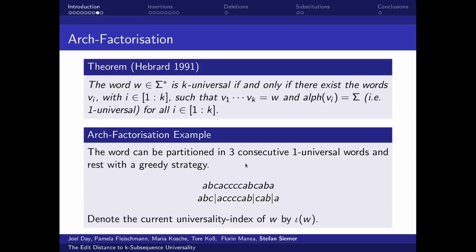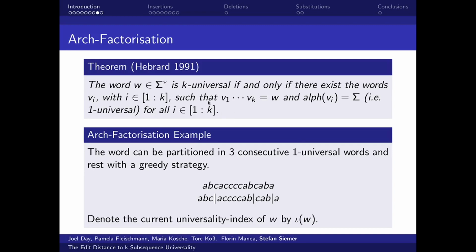So these k-universal words have some nice structure, as we can see by a theorem by Hébrard from 1991. It states that a k-universal word always has the form of k one-universal words concatenated one after another.